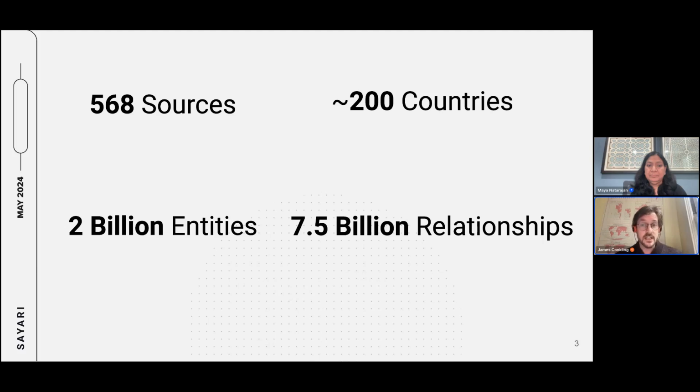So a very heterogeneous collection of data that we then parse to a standard ontology. We resolve it against itself. We do some level of enrichment around translation and geolocation, and that basically produces our knowledge graph. In that knowledge graph, as I mentioned earlier, we have just shy of 2 billion entities and over 7.5 billion relationships.